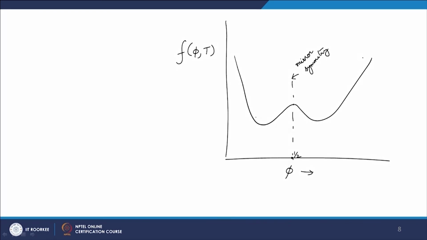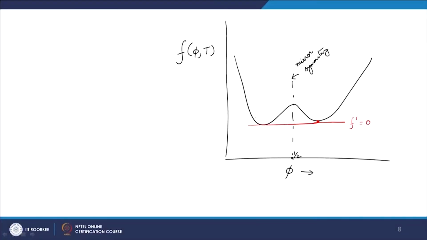So, you can see if I draw a common tangent now, that common tangent will be a horizontal line which corresponds to f prime equal to 0, and that simplifies our calculations. Okay. So, by adding a linear term, we got this particular advantage in terms of our equation.